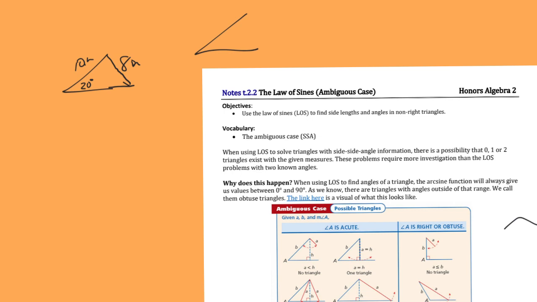And they'll say, well, if this is 20 degrees and this is, say, 10 inches, why don't you try to make a triangle that just has 1 inch on this side? Well, the truth is that is not going to form a triangle because that next side is not going to be long enough. So within the angle side situation in this ambiguous case, they think they're cool and they sometimes give you triangles that aren't actually connectable.